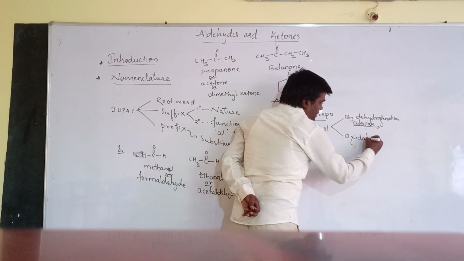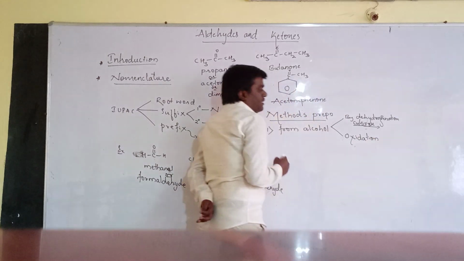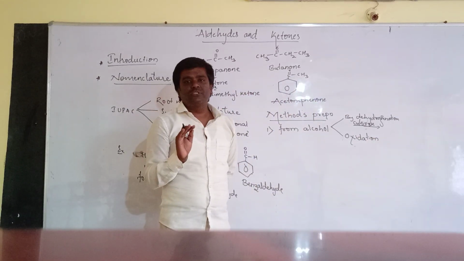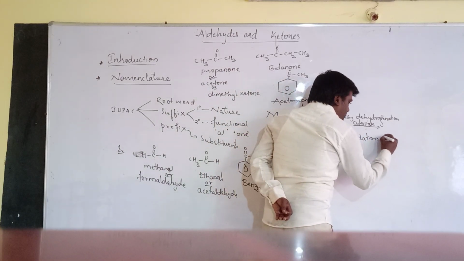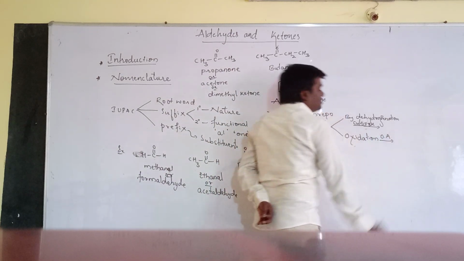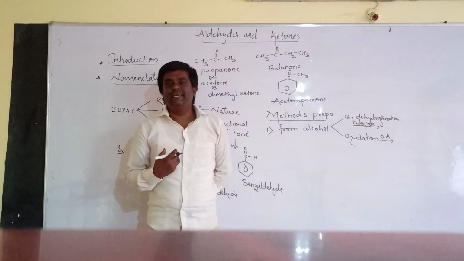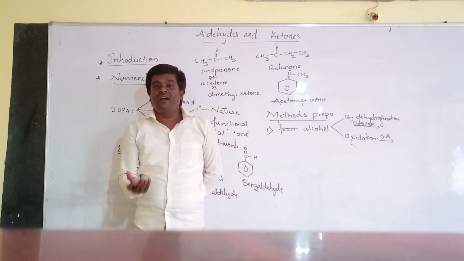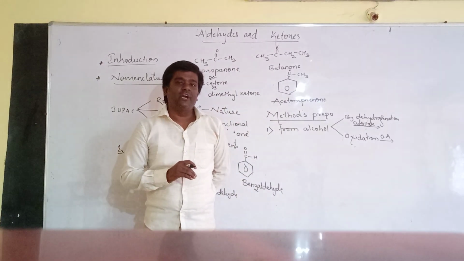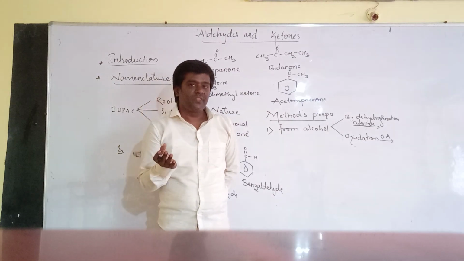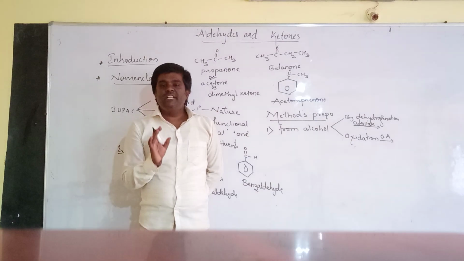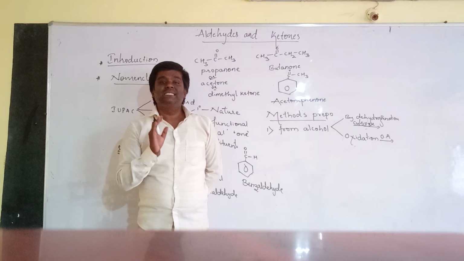This oxidation is carried out in the presence of a suitable oxidizing agent. The oxidizing agents may be acidified K2Cr2O7, that is potassium dichromate, or acidified KMnO4, or pyridinium chlorochromate, that is PCC.